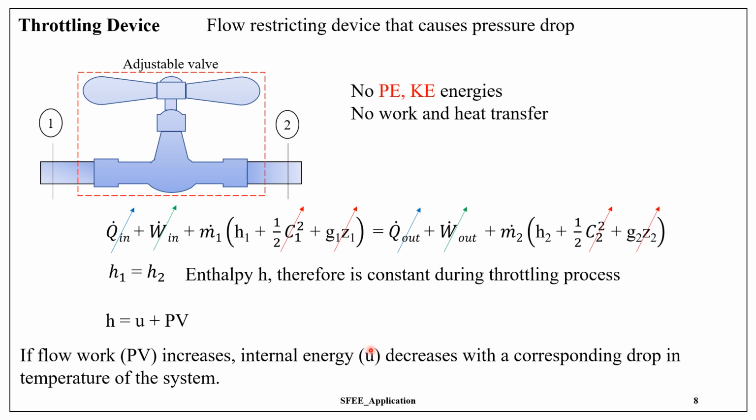So a throttle valve or a throttling device in a refrigeration system reduces the internal energy with a corresponding drop in temperature of the system, but it maintains the enthalpy.